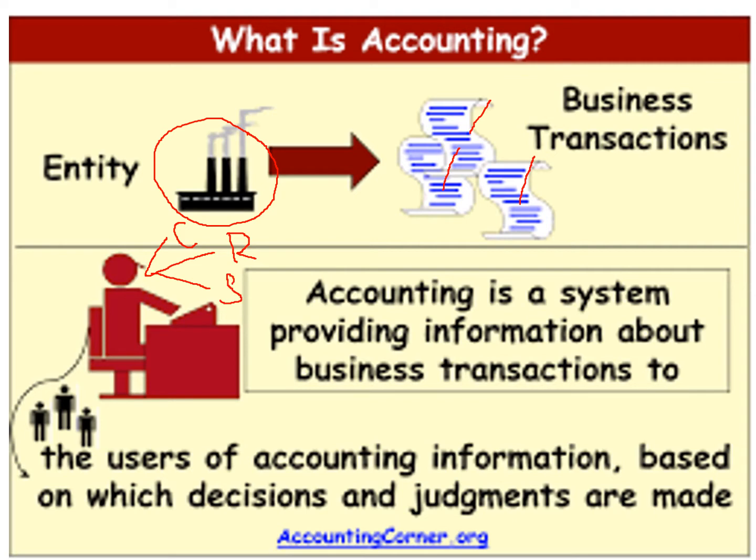So the financial information extracted from the business transactions will be summarized into meaningful accounting data, which then will be interpreted to the users of the accounting information. After the summarizing, the information will be interpreted by the accountant to these users so that they can make sound decisions.